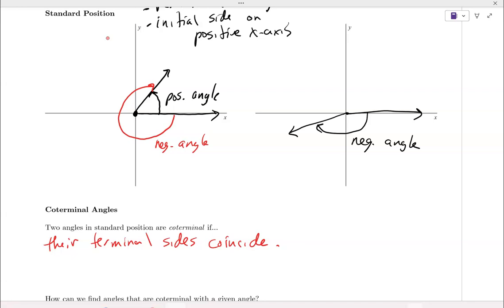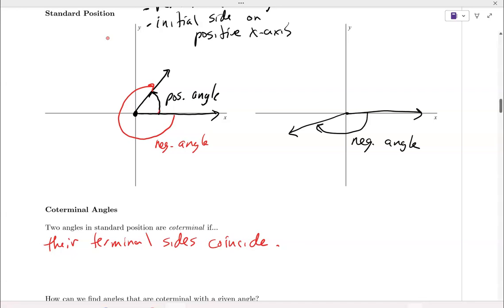So if you think about it from a geometric standpoint, one of the things in your geometry classes you probably concentrated on a lot was the idea of congruence, right? When are things exactly the same? Coterminal angles are congruent, right? From a geometric perspective, they don't look any different, right? What's different about them is their measures. So let's think about, just real quick, how we would figure out whether two things are coterminal or not.